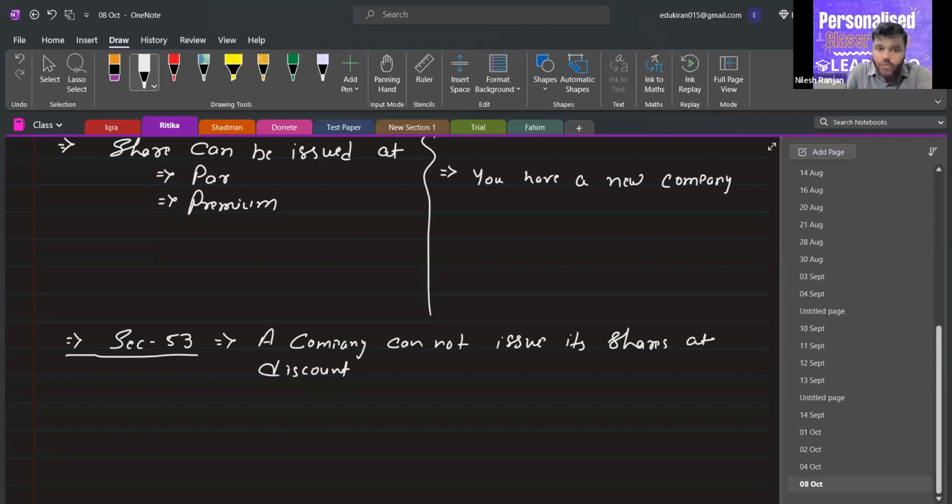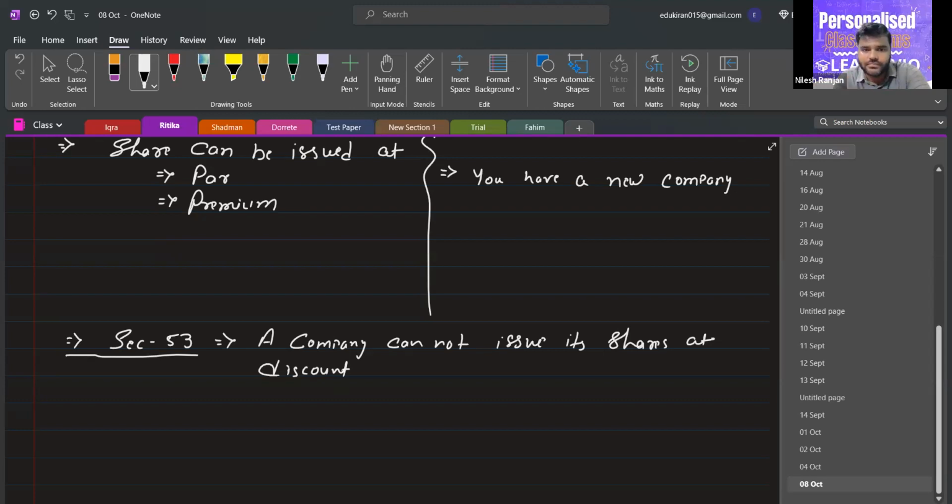It can be sold in the market later, but the company cannot sell it at the beginning. Like, I have purchased a share at 10 rupees, and now the company is in loss, so I can sell it at 8 rupees, but the company cannot sell it at 8.